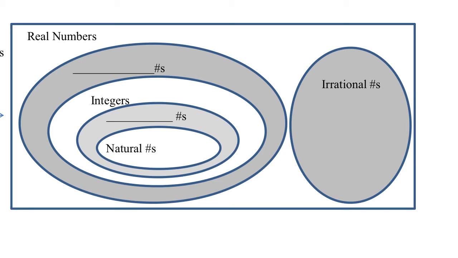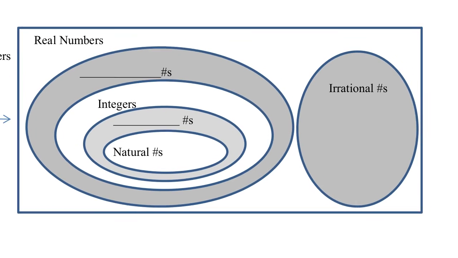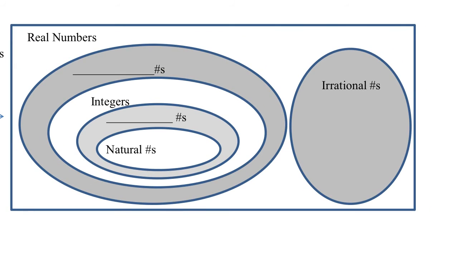Even though each of these sets of numbers has infinitely many numbers in it, we can fudge it a little bit and think about the bigger sets and the smaller sets. Or as I like to say, the most restrictive and the least restrictive. I'm going to start from the inside out, just like we work from the bottom up. So our most restrictive set, or our smallest set of numbers, are the natural numbers. That's our 1, 2, 3, 4, and so on.